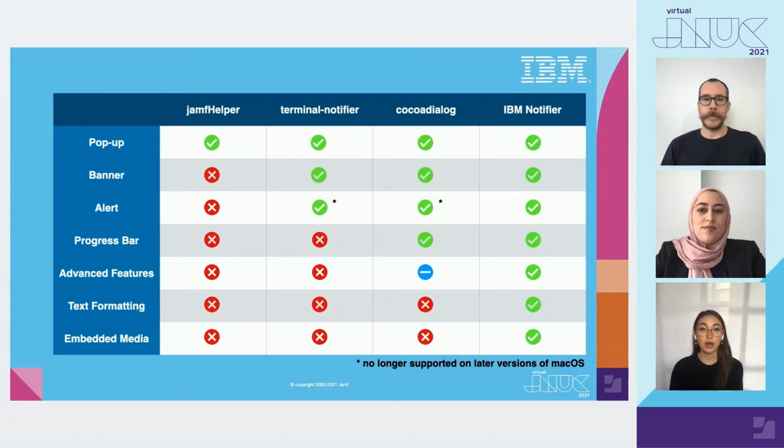Other features that you may already be familiar with, such as banners and alerts in the Notification Center, are also available to be customized for your organization's brand. Alerts in particular are no longer supported in the latest versions of macOS for Terminal Notifier and Cocoa Dialog. But fear not, IBM Notifier is continually being developed and tested on beta versions of macOS to ensure compatibility.